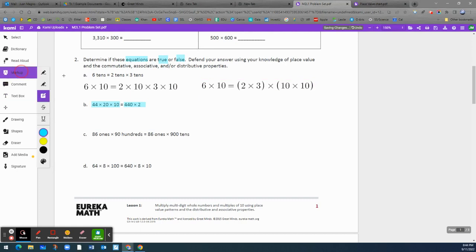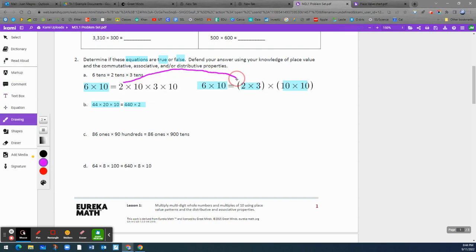What we did is this. The 6 times 10 stays the same because that's easy to identify. That equals 60. Here, this is 2 times 3 equals 6. And this is 10 times 10 equals 100, which is exactly what we had in the beginning, right? Here is a 2, and the 3 is right here.